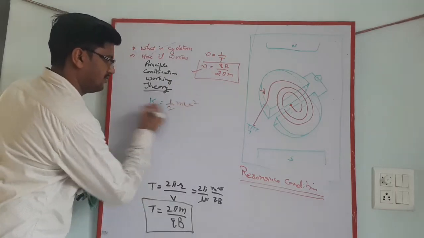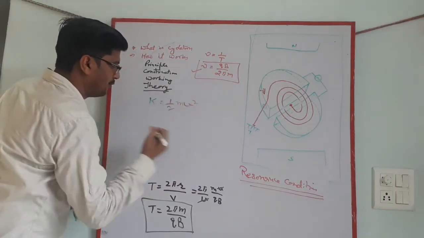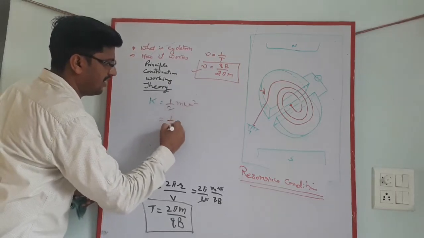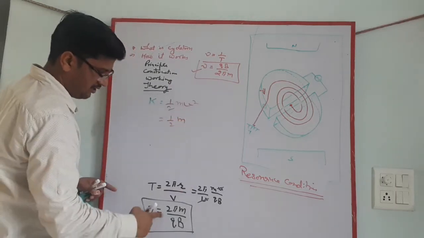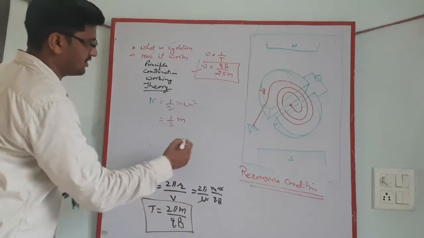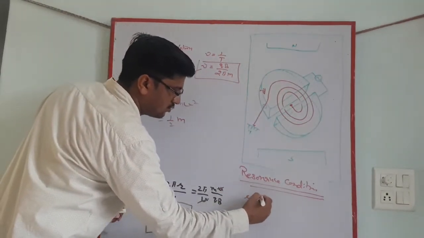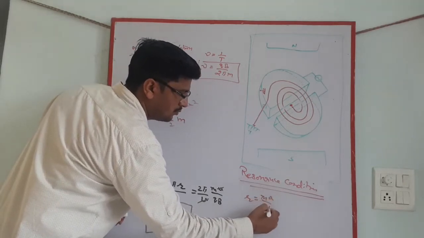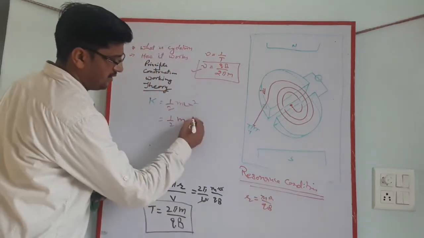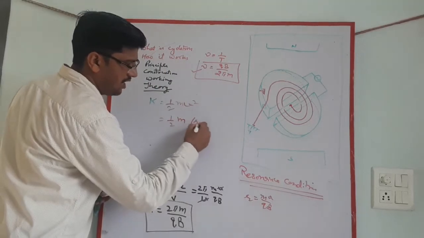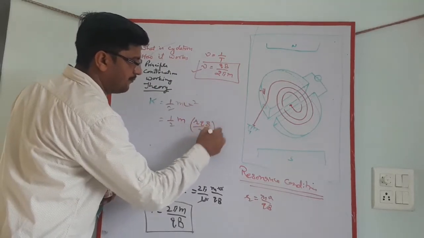That means half m v. From the relation, we had r is equal to mv upon qB. From here v is equal to rqB by m.